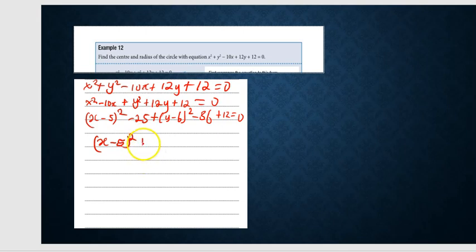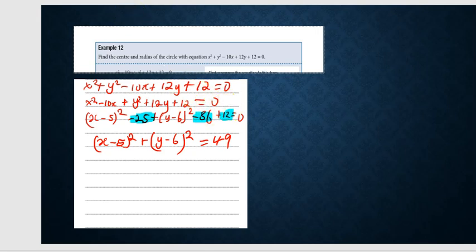So this must be equal to 49, because here you have 25, we have 36, and we have 12.